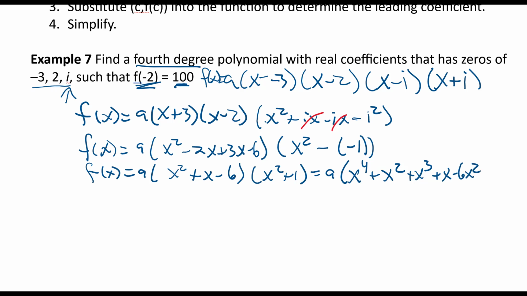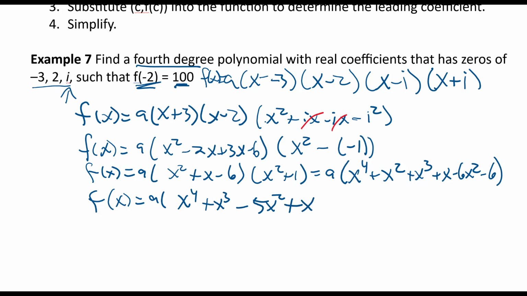And minus 6 times 1 is minus 6. So f of x is a times, we have our x to the 4th, then we have an x cubed, then we have our x squared minus 6x squared, so minus 5x squared. And then we have a plus x and then a minus 6. Okay.